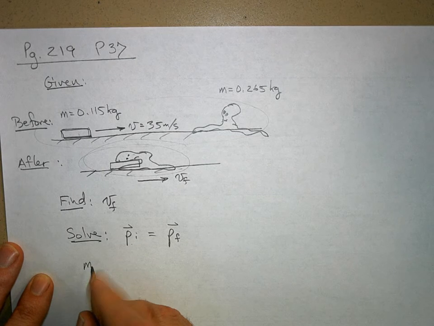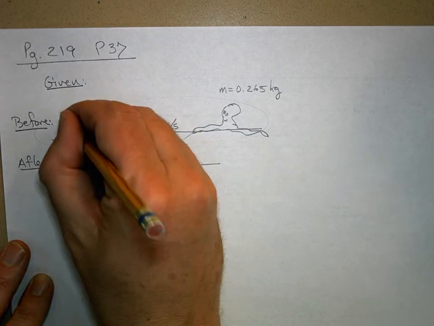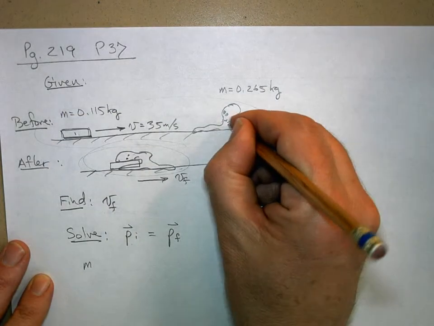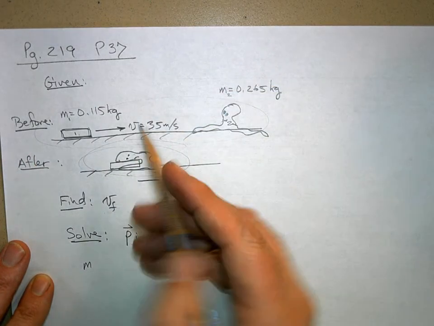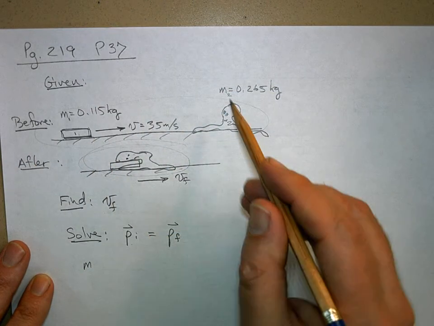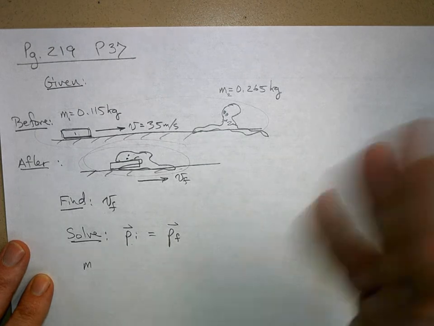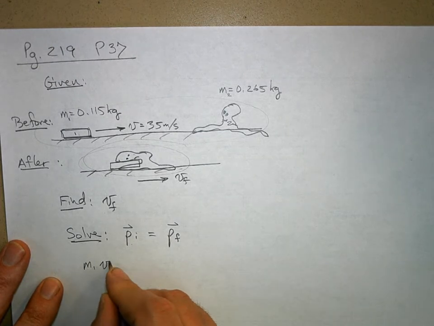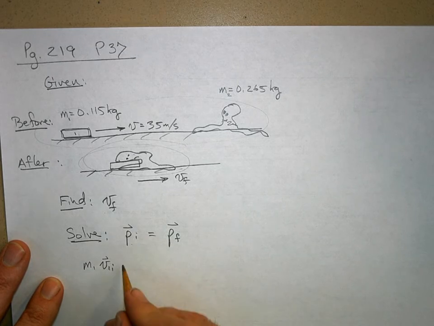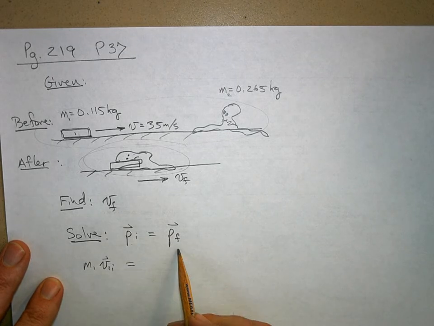So that's the mass of the puck, and we'll make this object 1 and this object 2. If you used A and B, or puck and O for octopus, I don't care how you label them. M1 V1 initial, and that's all the initial momentum. That's going to be equal to the final momentum of the system.